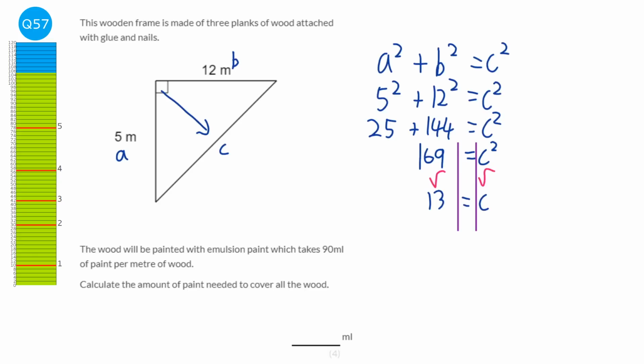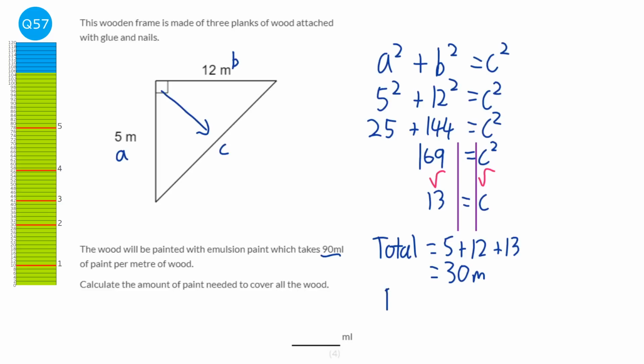So we know c is 13, so we need to know what the total length around the triangle is. So we're going to add the 5, the 12, and the 13 we've just found. When you do that, you get 30. So we know there's 30 meters in total. Now it does say that we need 90 milliliters of paint per meter of wood.